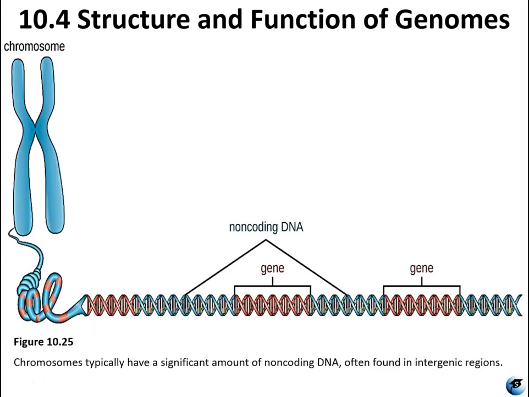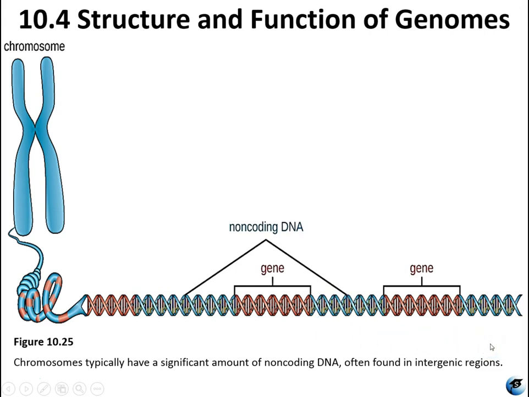This is figure 10.25 showing a diploid chromosome, and this is also showing that there are not only genes, right? So there's DNA in the chromosomes that codes for genes, but there's also quite a bit of non-coding DNA that's included in the chromosomes.